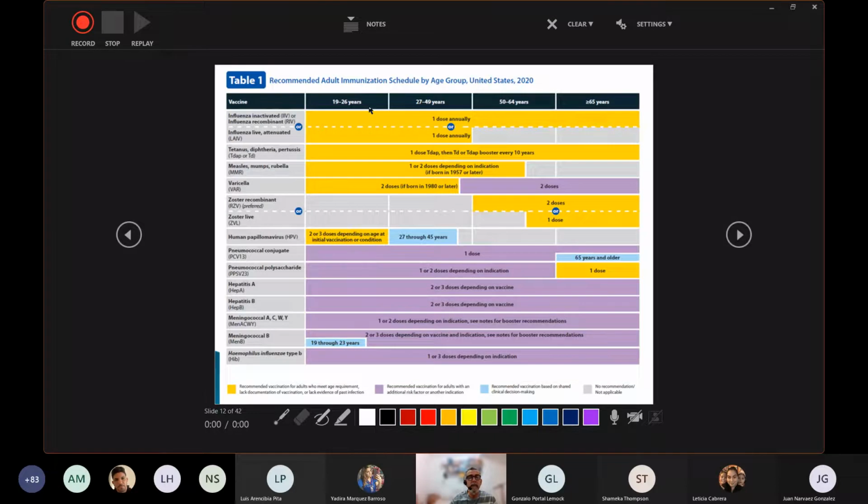But the vaccines of the adult are the flu, the booster of the Tdap every 10 years, and the pneumonia, the pneumococcal vaccine that is received when you are 65. You receive two, the 13 and the 23. Please remember that this is what is necessary, mandatory for adults. The others are optional.